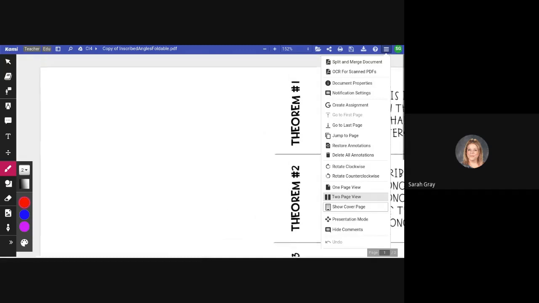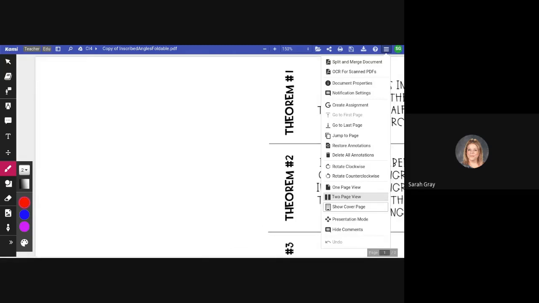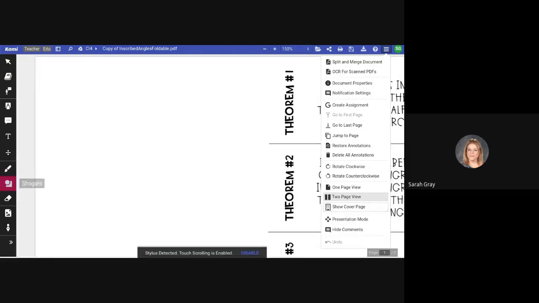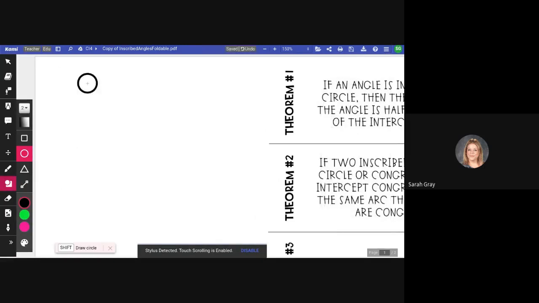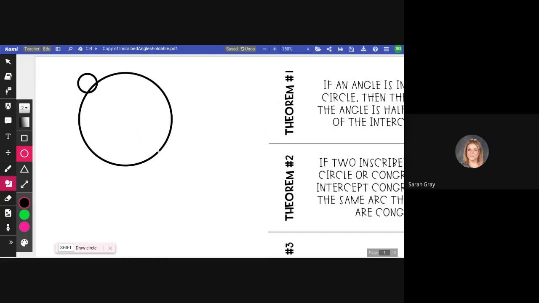All right, so the last unit, we talked about, not inscribed, we talked about central angles. And what do we know about central angles? What are they?